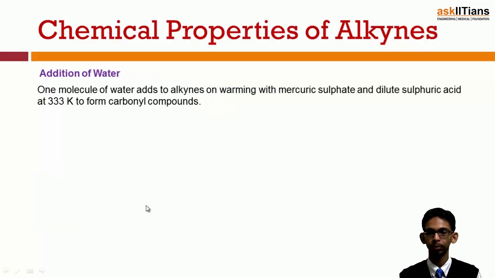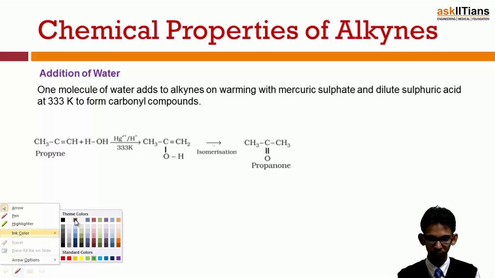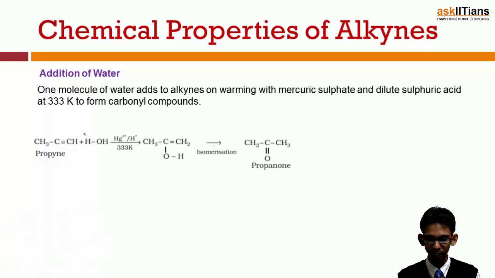Addition of water. One molecule of water adds to alkynes on warming with mercuric sulfate and dilute sulfuric acid at 333 Kelvin to form carbonyl compounds like this. This is propyne. When it is warmed with water, H goes to this carbon while the OH part goes to the carbon which contains a lesser number of hydrogen atoms to form this compound, which undergoes isomerization to form propanone.